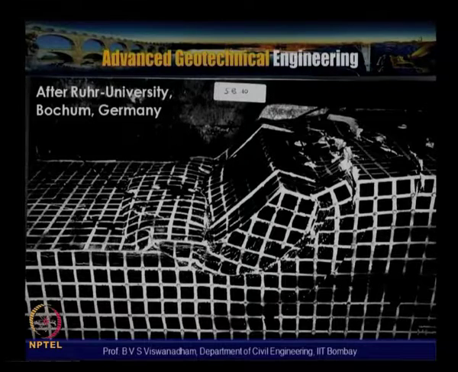You can see that once the slope is subjected to failure, there is development of the slip surface here. This is the formation of the slip surface, and the heaving portion can be seen here, and the tension cracks formation can be seen here.